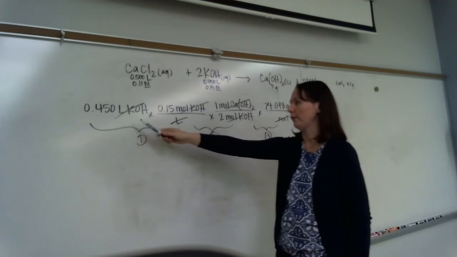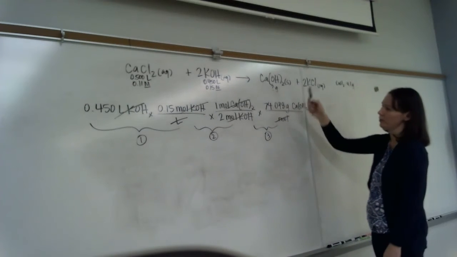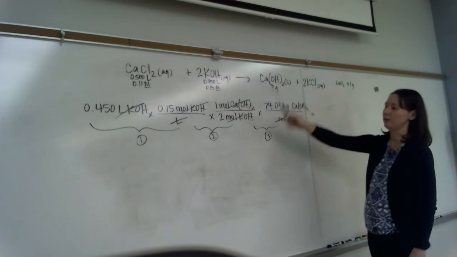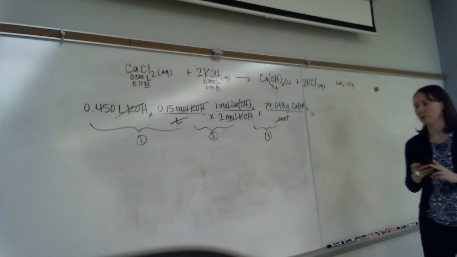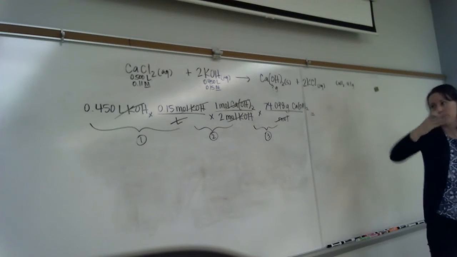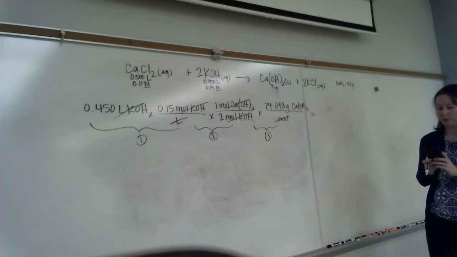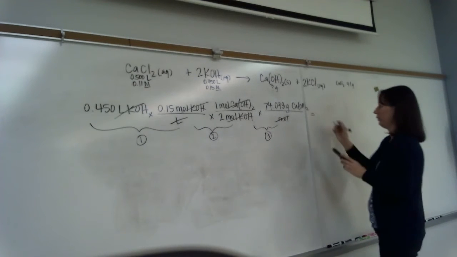So 0.45 times 0.15 times 1 times 74.098 divided by 2. You're going to save yourself some writing, but again, don't do it this way until you're good at doing it as 3 individual steps. So 0.45 times 0.15 times 74.098 divided by 2 gives us 2.5.